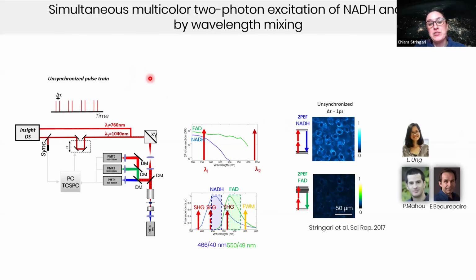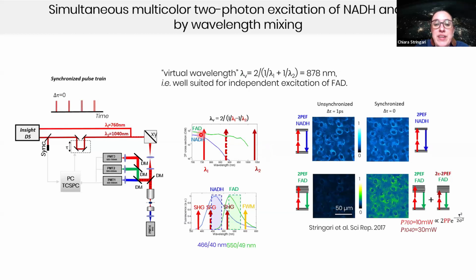So wavelength mixing was first used for brain imaging, and we adapted this with a commercial laser source with a fixed output at 1040 and a tunable output at 740, and we mix the two beams in time and space. So if we only use 750 excitation, we mainly excite NADH, but when we mix the two beams, we create a virtual wavelength around 900 that is able to excite FAD independently of NADH, and then we can excite NADH and FAD simultaneously, but in a very efficient way, so with a lot of photons.